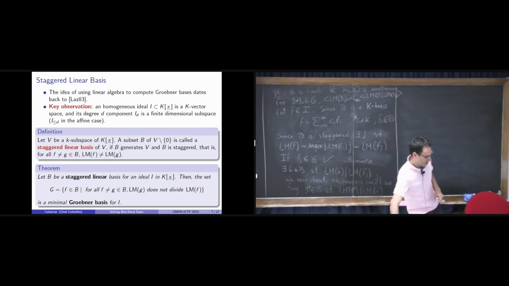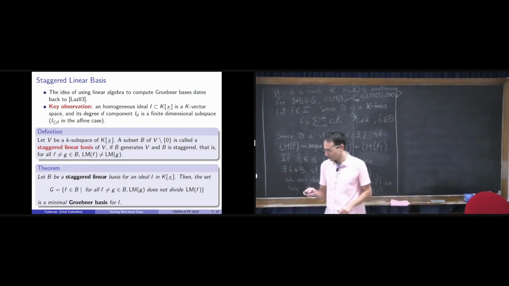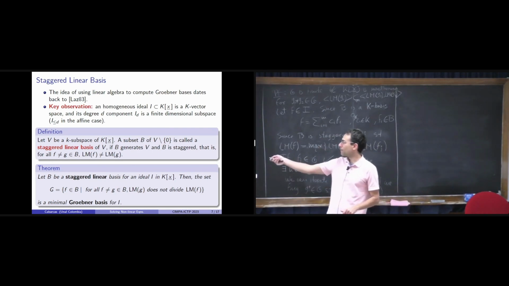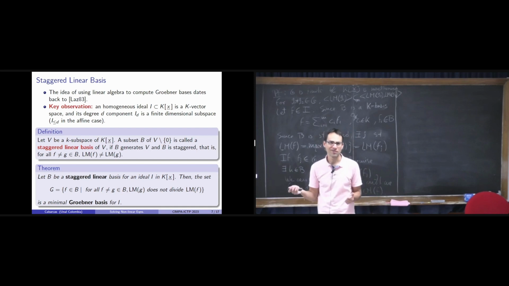Okay, so if we had a staggered linear basis for an ideal, we could construct a Groebner basis. But this doesn't really give us an algorithm, right?